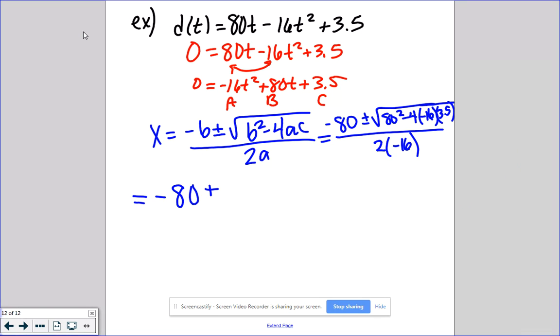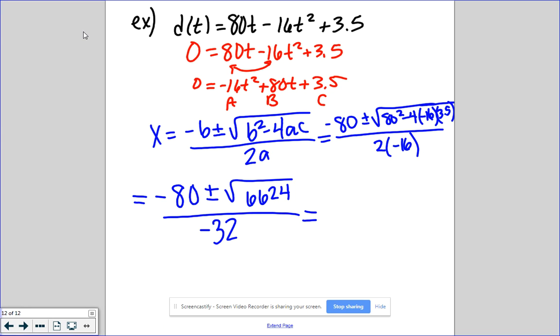So you get negative 80 plus or minus the square root of 6,624, which, lucky for us, does not come out to a whole number. Do you think it's 24? You're just guessing, aren't you? No, it doesn't. How do you know? Because I have the answer right. All right.